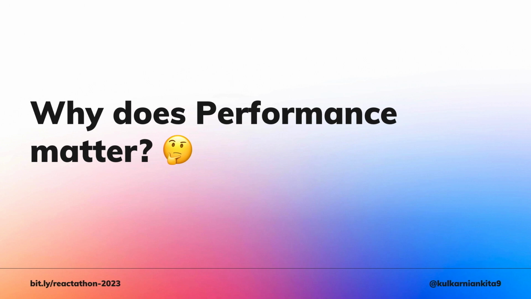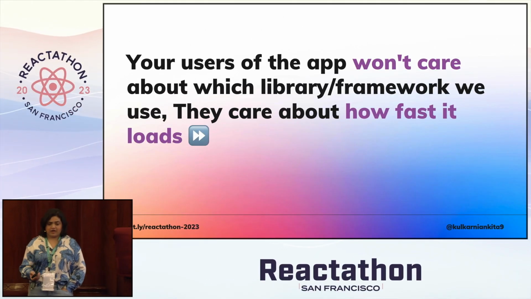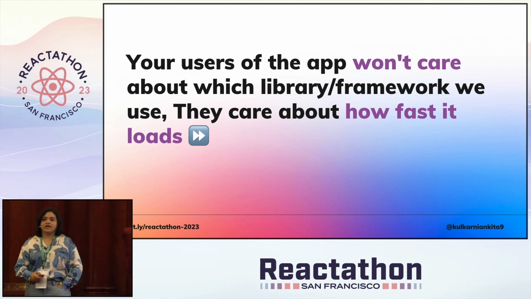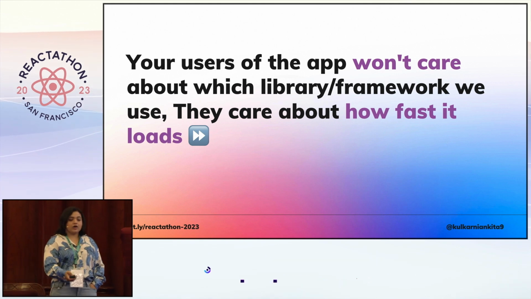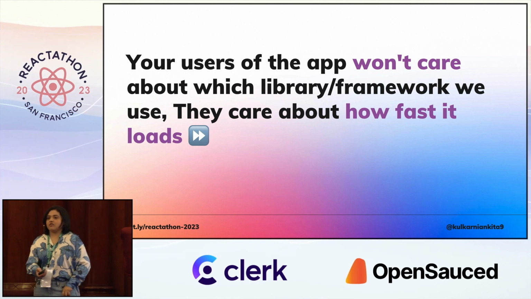All right, so why does performance matter? If you have to think about it, let's start from the get-go. Why does performance matter? Because the users of your app are not going to care about which library, which framework, which NPM package we geek about. They are going to care about how fast your app loads. Now, we were on a Wi-Fi network.